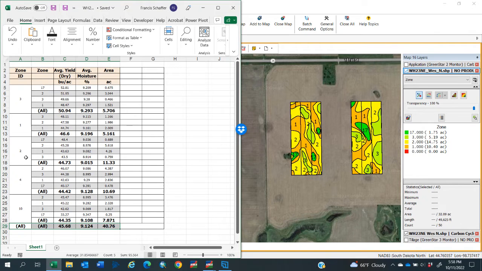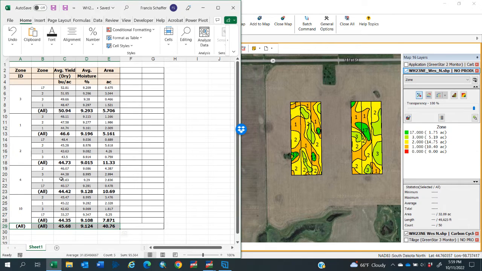Area 2, no carbon cycle, soil type 2, 45.3. Area 1, carbon cycle, soil type 1, 44.7. Area 2, no carbon cycle, soil type 1, 43.6.